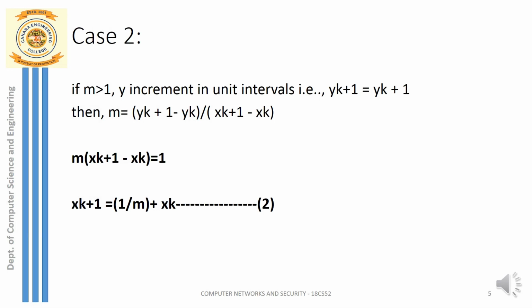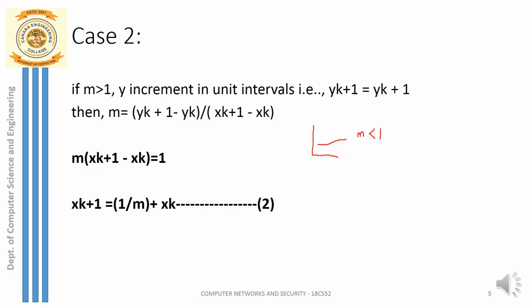The next case is, what if the slope is greater than 1? Just remember here, if the line segment is almost horizontal, then such a line's slope would always be less than 1, because in dy by dx, change in x becomes more than change in y.